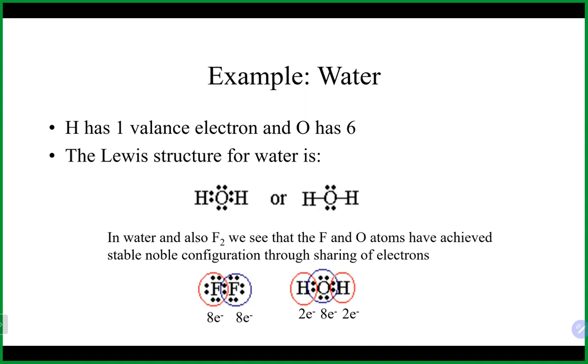The hydrogen, by sharing with the oxygen on both sides, allows each of those hydrogens to end up with only 2 electrons, which is what it should have, reaching helium's configuration, which makes it stable. And now the oxygen, by sharing with those hydrogens, is able to get to 8 electrons, which allows the oxygen to get to the noble gas configuration and be stable as well.